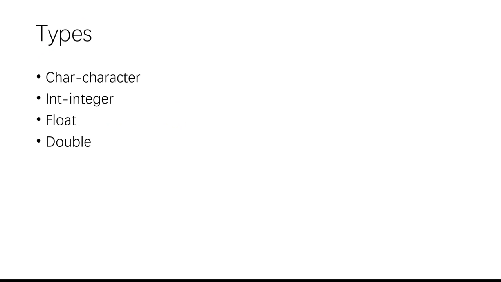And next about types. I didn't type all of them, just part of them. This part is not hard. For example, char for character and int for integer. We have float, double, long for long int, and so on. Okay.